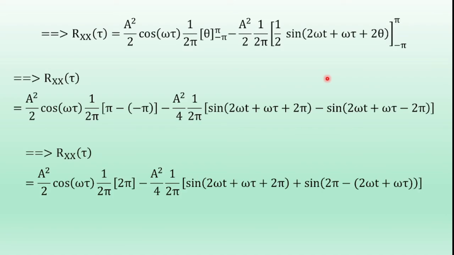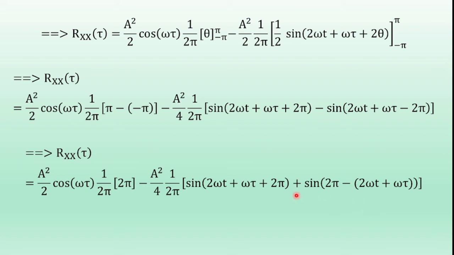Now here take the common minus sign: minus theta is minus sin theta, and since a minus was already there, minus into minus is plus, so sin of 2 pi minus of 2 omega t plus omega tau. So sin of 2 pi minus this term is minus sin of 2 omega t plus omega tau.